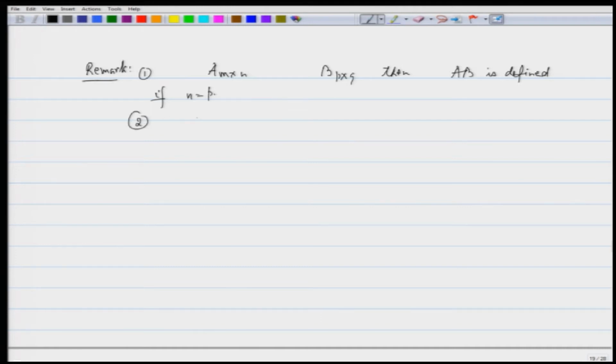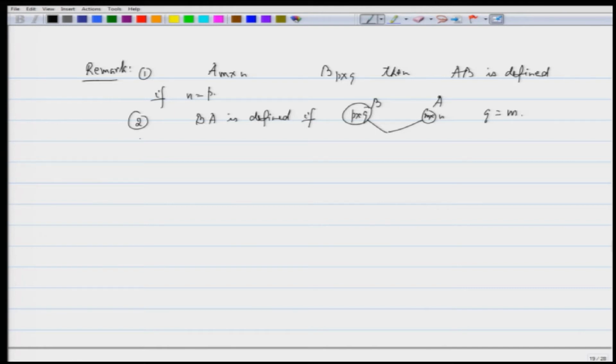Second, BA is defined if, so B is of size p cross q, and the size of A is m cross n, so we need that these should be the same. So, we need that q should be equal to m.